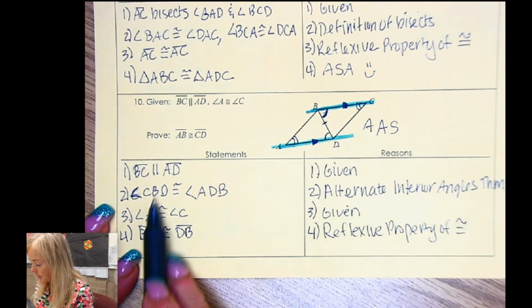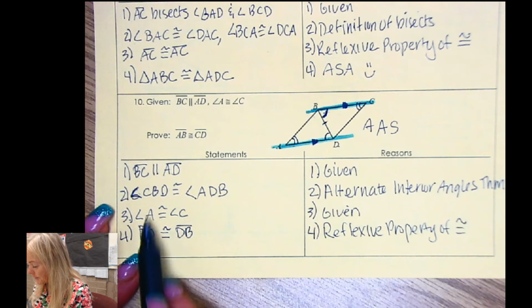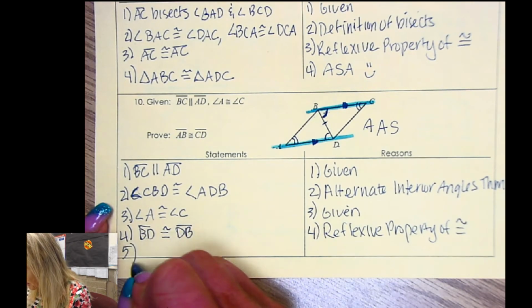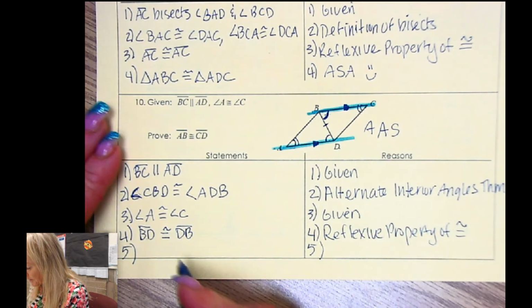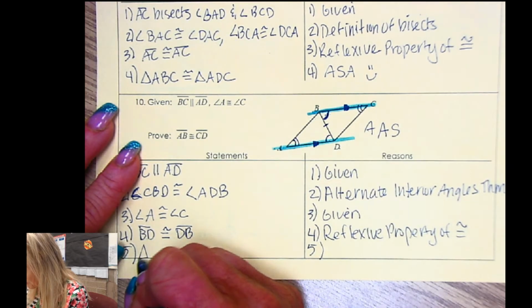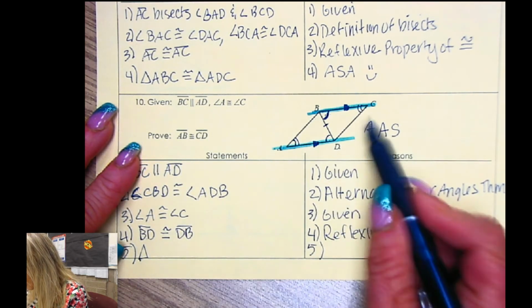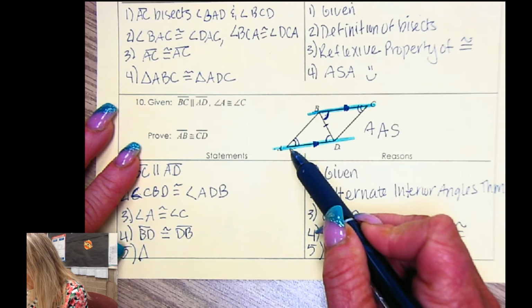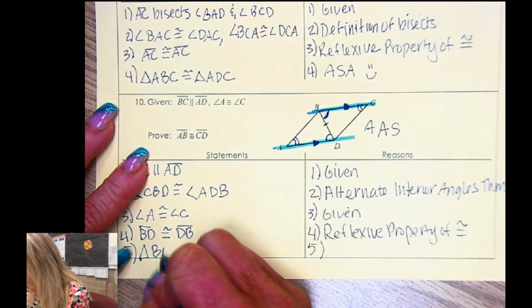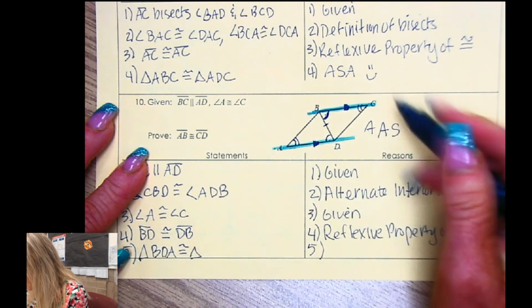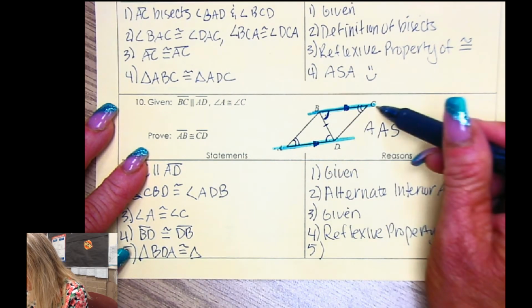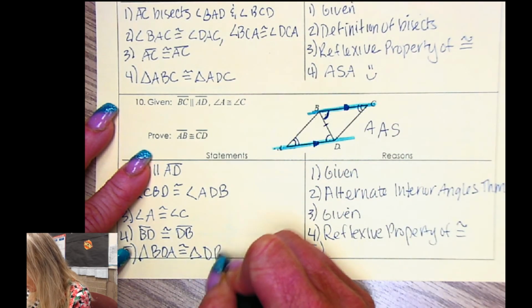And now we've stated angle, angle, side. All three of those have been given. So last but not least, we can say, we're not done yet, but triangle BDA is congruent to triangle DBC.